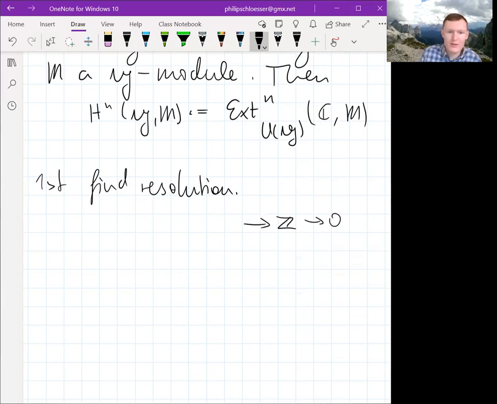Now the first thing we can do is, well, Z is generated by 1, so we can really generate it by just one copy of ZG, where we just map any element g in G to 1.